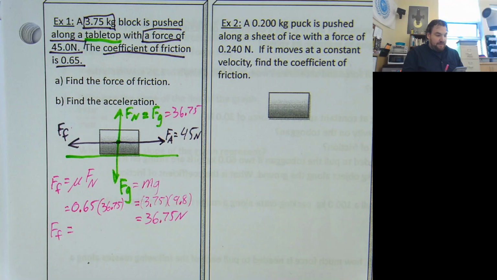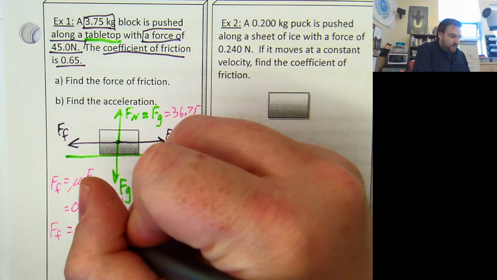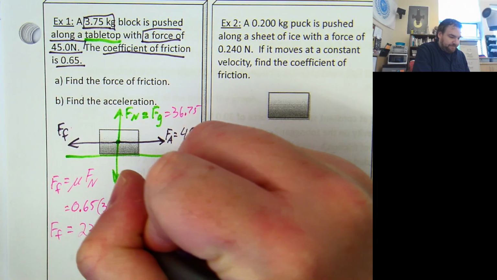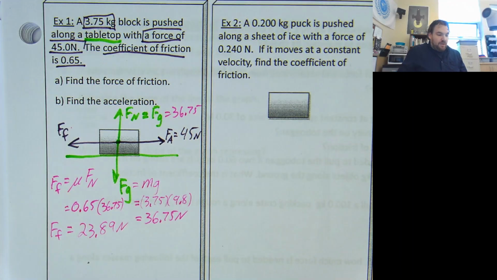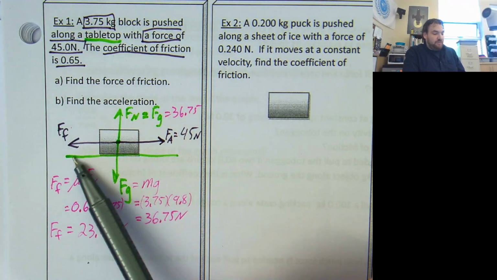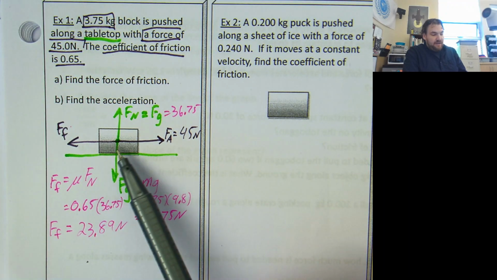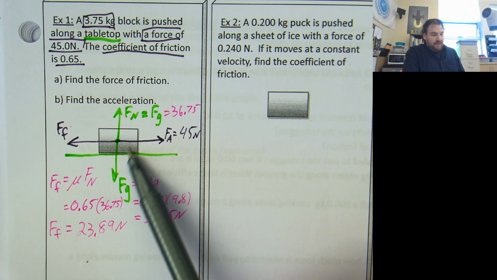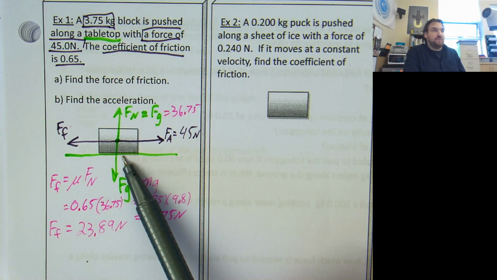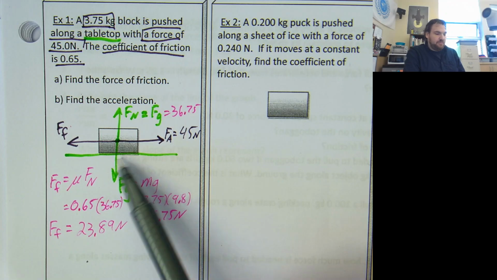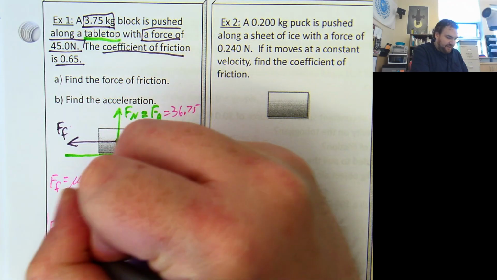For the sake of time, 0.65 times 36.75. I get a value of 23.89. So that is the force of friction caused by this object and the coefficient of friction between these two materials, whatever they are. So this is FF.